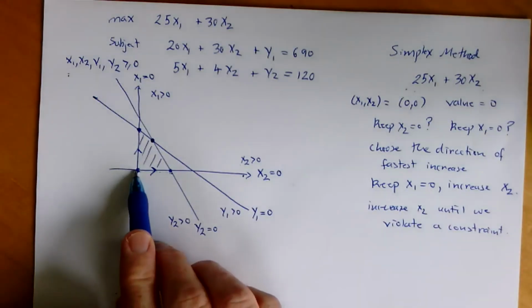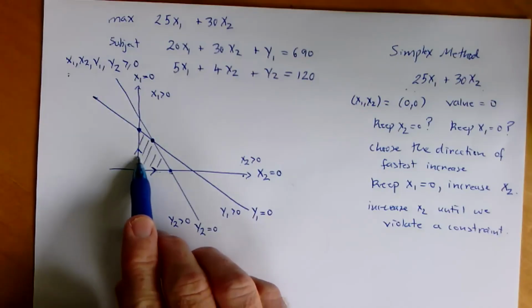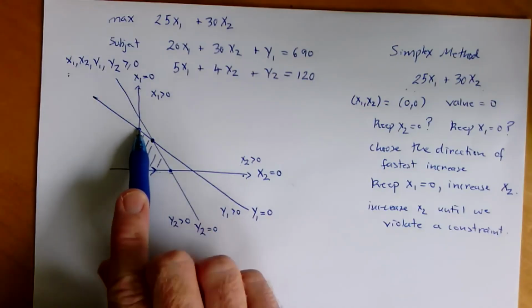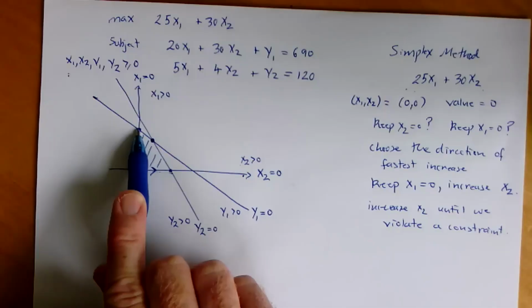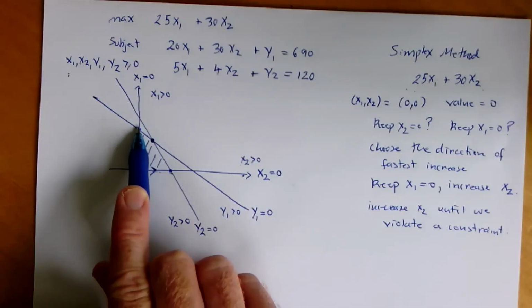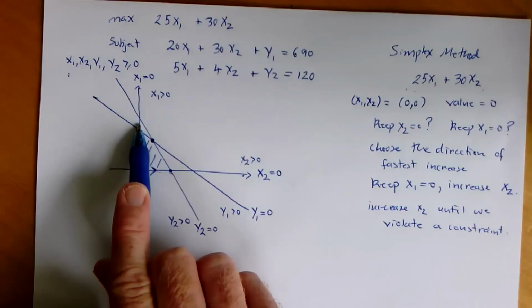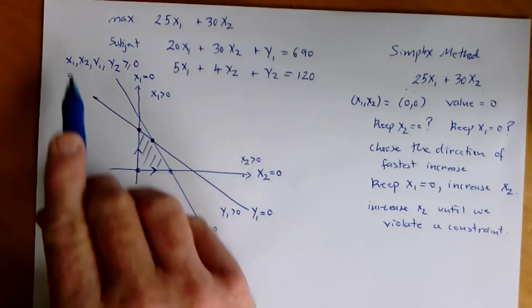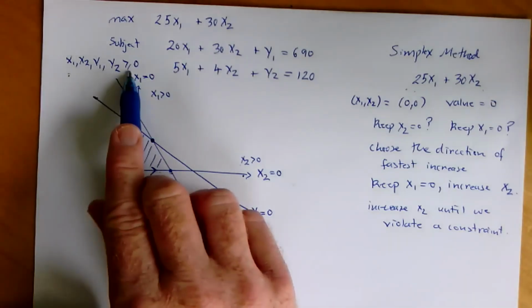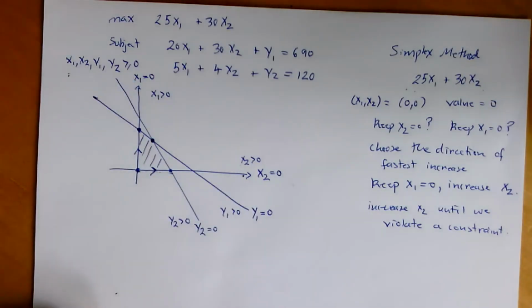Right, so for example, if I increase x2, as I hit this intersection point, y1 has been positive the whole time, and y1 just became 0. If I keep increasing x2, y1 becomes negative, which in life is fine, but if I want to satisfy these constraints, I'm going to disallow. So I'm just not going to allow us to move beyond that point.